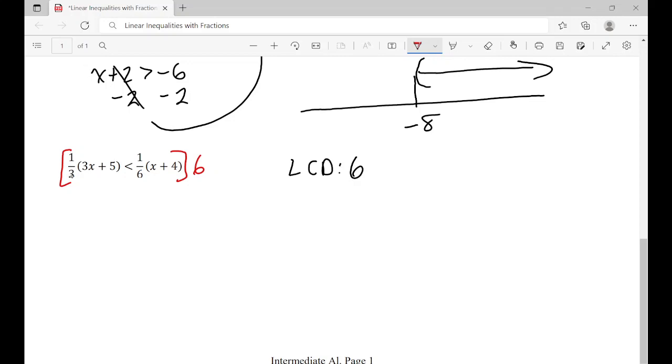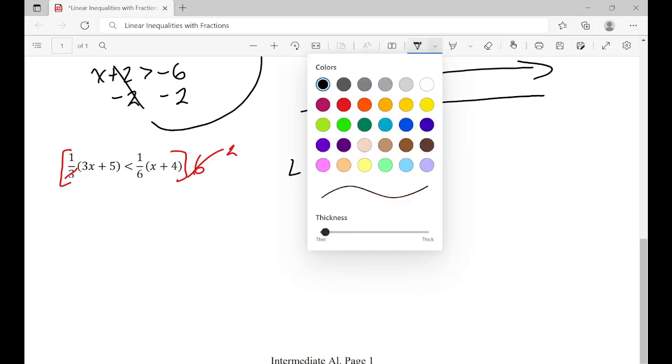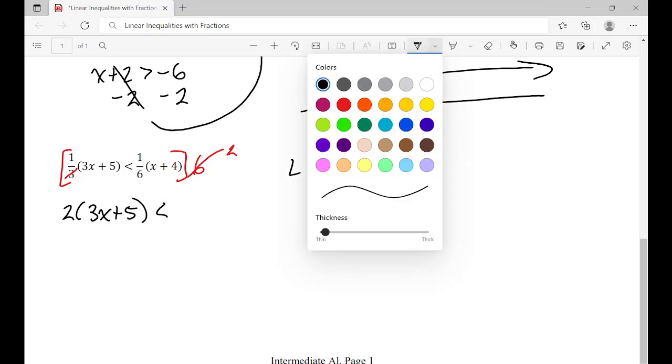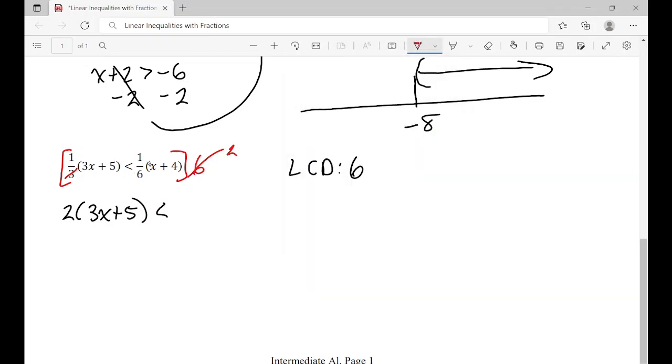So 3 is going to go into itself once, and 3 is going to go into 6 2 times. So now this 2 is going to distribute to 3x plus 5, but I'm just going to write it out as 2 times 3x plus 5 is less than, and now I'm going to take 6 and see how many times it goes into 6 again.